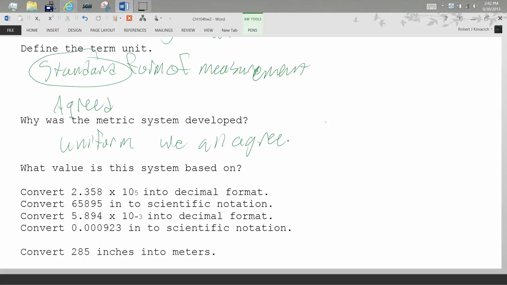We lost a probe to Mars because somebody did a calculation in the English system, and then when the scientists in France were looking at the calculations, they assumed that the calculation was done in meters per second instead of miles per hour. And so this thing hit Mars at like 400 miles an hour when it was supposed to hit Mars at 40 miles an hour. So we kind of lost a multi-million-dollar space probe because of a unit snafu.